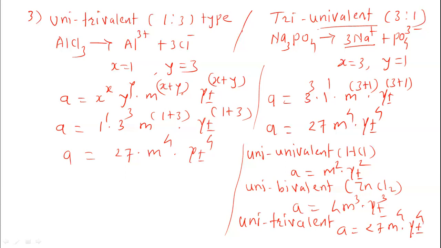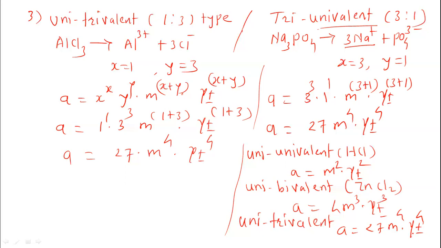Thus in this way we derive the expressions for various types of the electrolyte. First we derived the expression for the univalent electrolyte, that is 1 is to 1 type of the electrolyte, and the activity becomes equal to m square into gamma square.